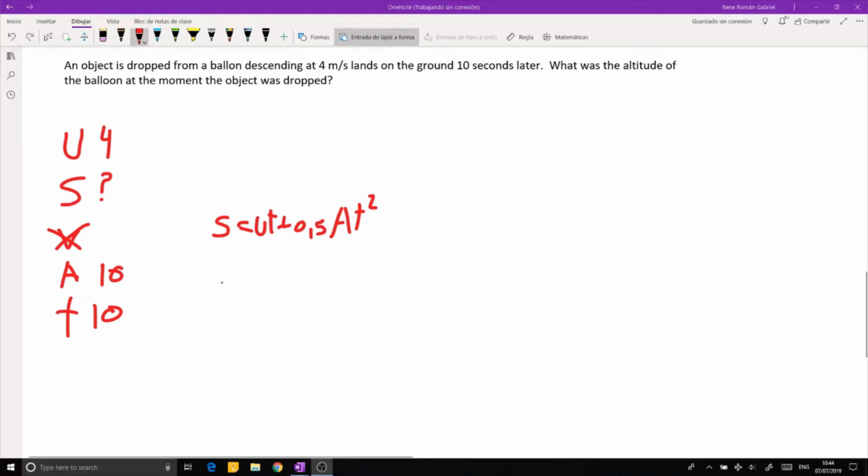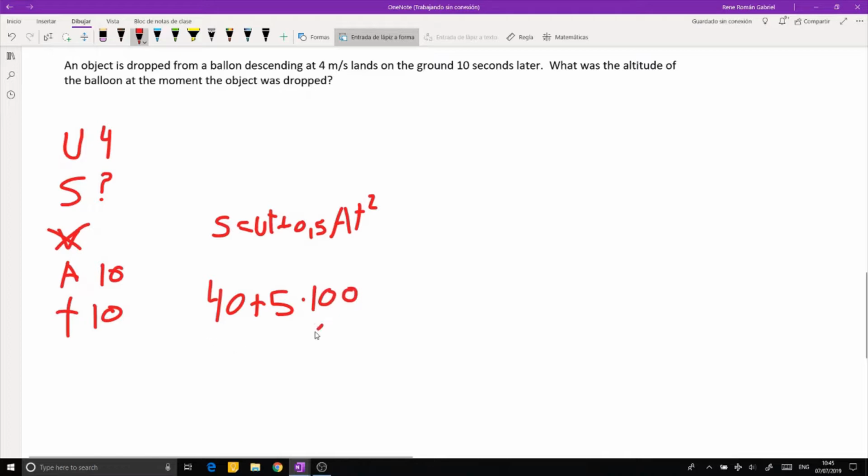S equals U, which is 4, times 10, is 40. Plus 1/2 of 10, which is acceleration, is 5, times 10 squared, which is just 100.